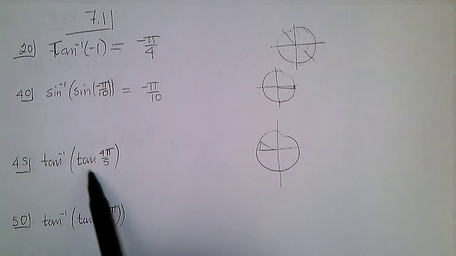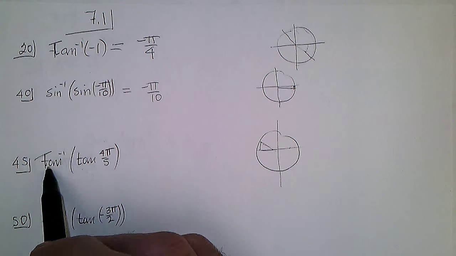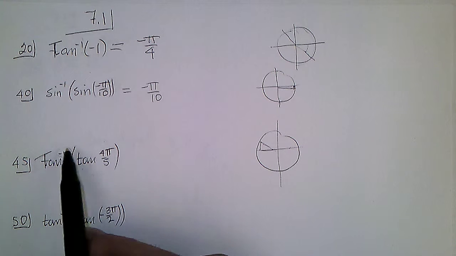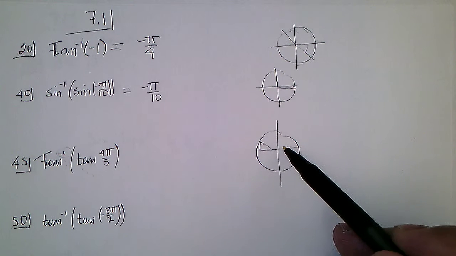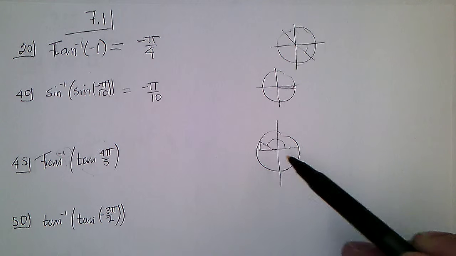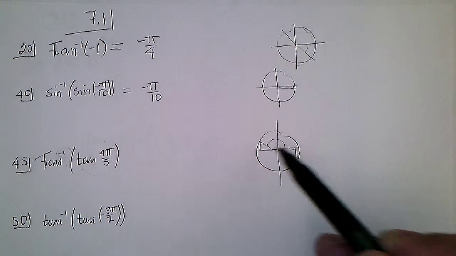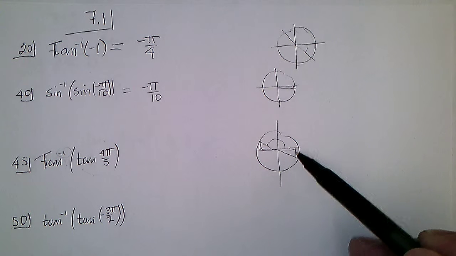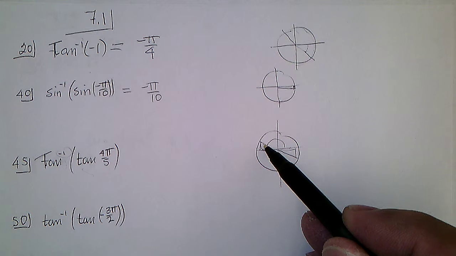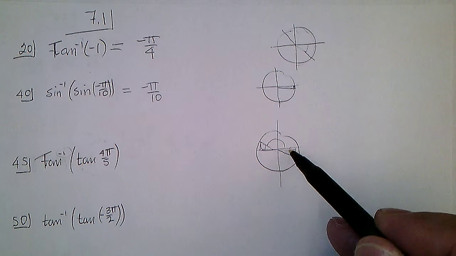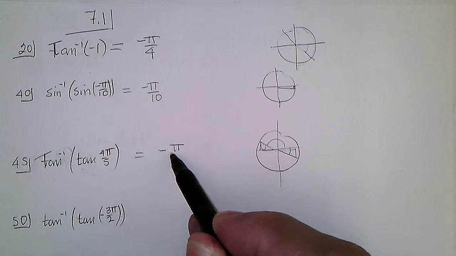However, the tangent inverse, if we're doing the principal value like they want you to do here, you've got to get it out of these two quadrants. Well, that angle, 4 pi over 5, is not in there. But the one across from it would still have the same tangent ratio. And since this is 4/5 of pi, this must be 1/5, and so this would be -pi over 5.